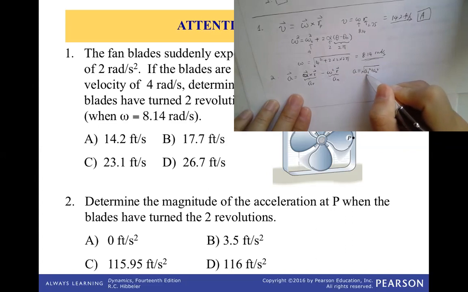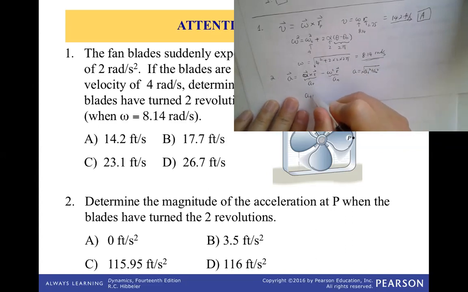So you need to figure out AT and AN, okay? AT, the magnitude, we are just going to be using alpha times R, the scalar formula, okay? So alpha is equal to 2, and then R is 1.75, so that should be 3.5, okay?